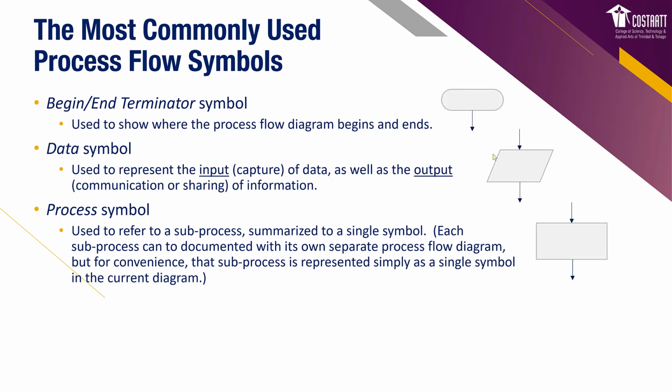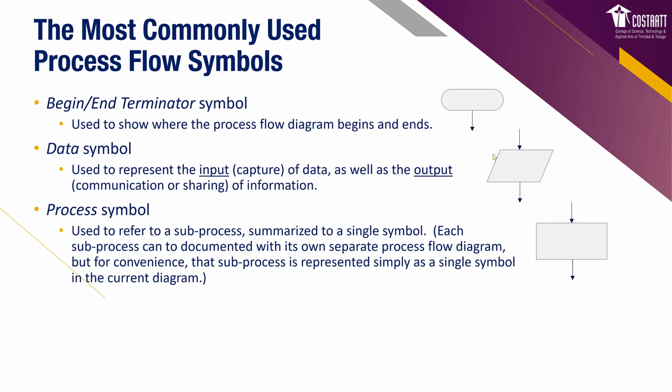Then we have the process symbol. The process symbol is a simple rectangle or square. Now it's a rectangle or square depending upon how much text you're going to put inside of it. Now this symbol represents an entire sub-process or an entire process.